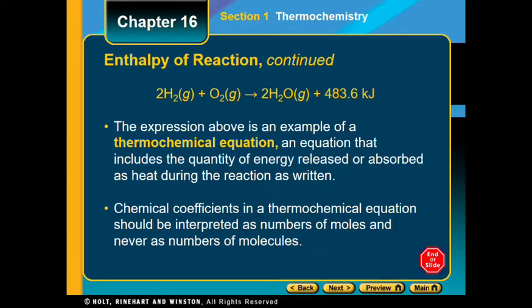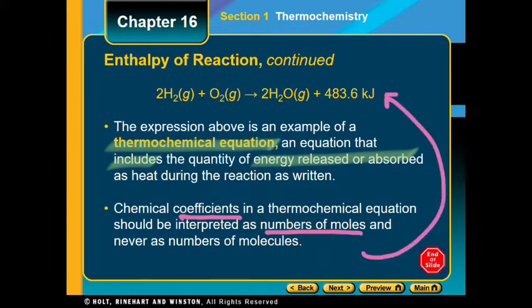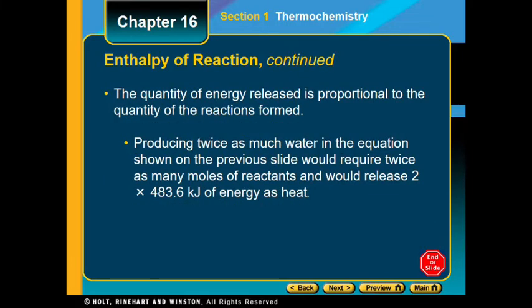So that part is going to be important. The coefficients are also quite important, because they're going to tell you the number of moles or number of molecules that you should be interpreting, which will affect this number that you see here for the amount of energy either absorbed or released.